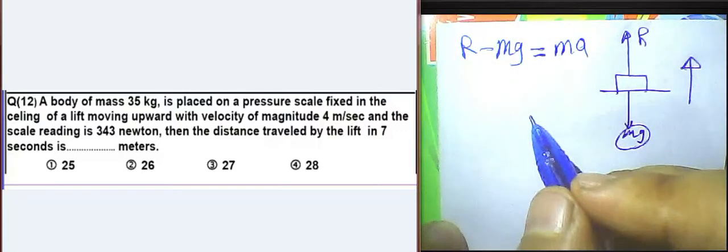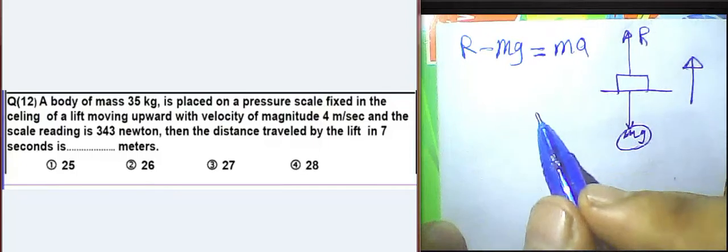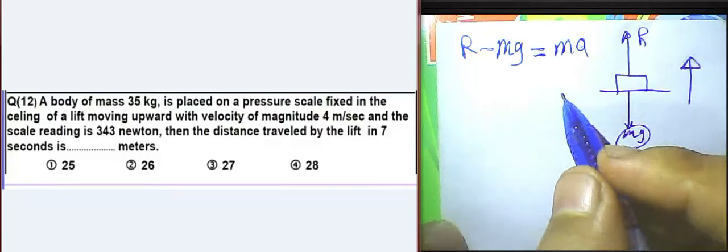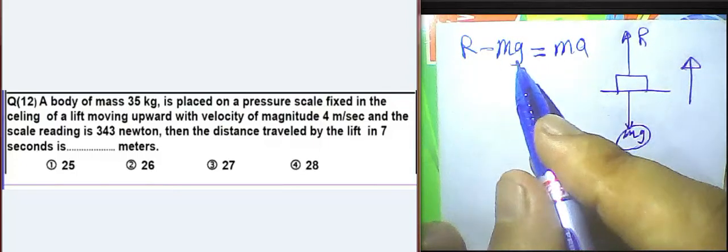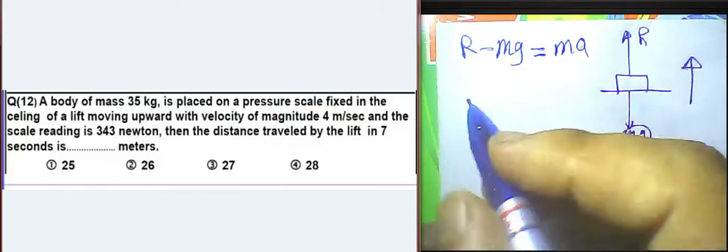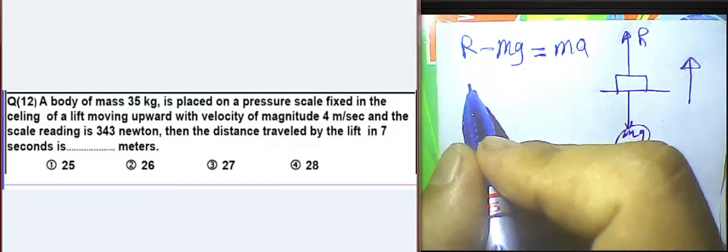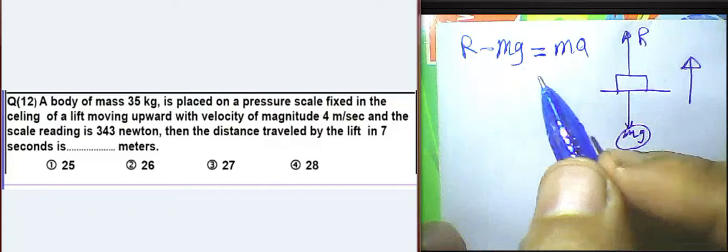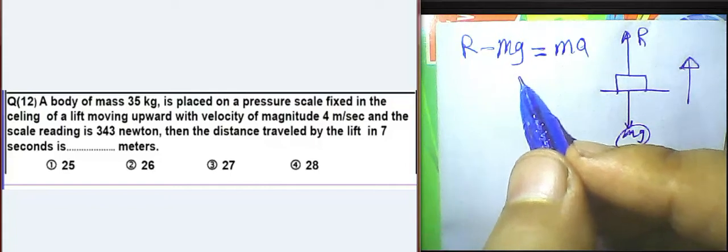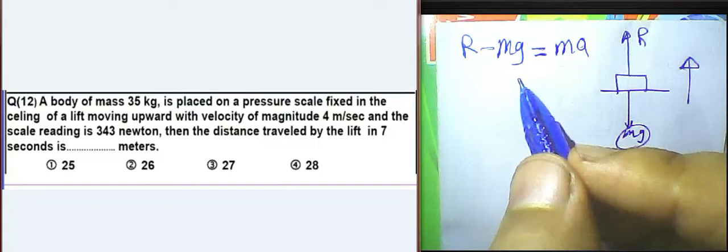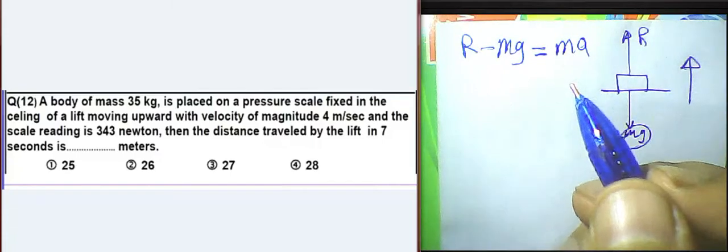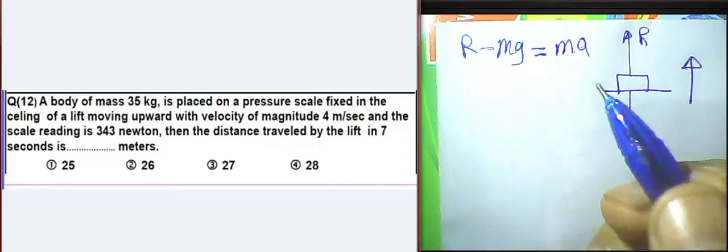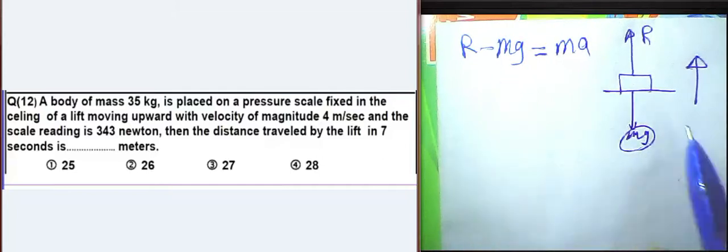We have reaction, a body of mass 35 kg and g is 9.8, and we can write reaction here. The reaction is given by the scale reading. Okay, we can find acceleration from this equation, R subtract mg.